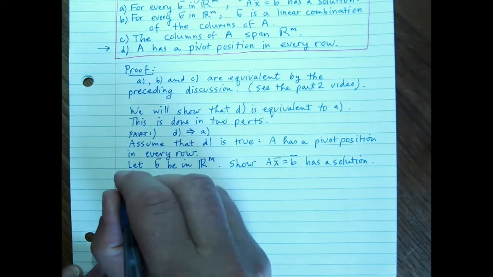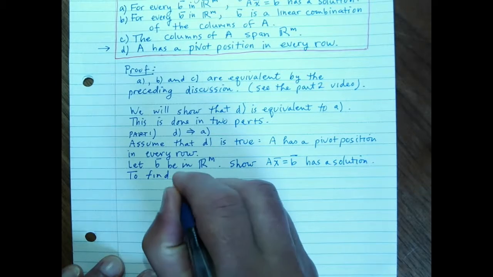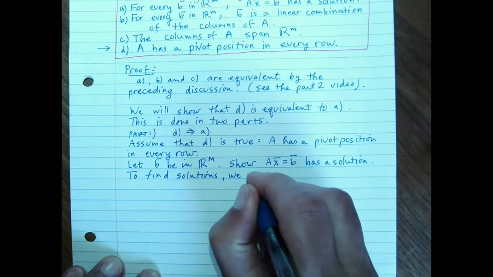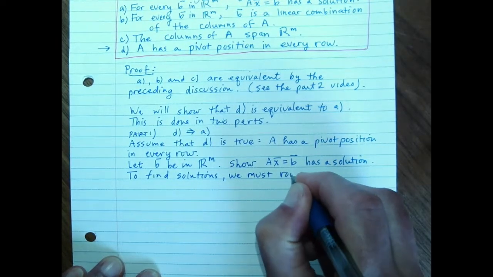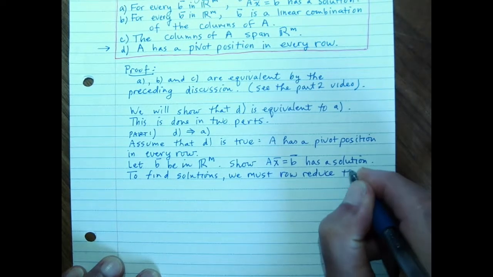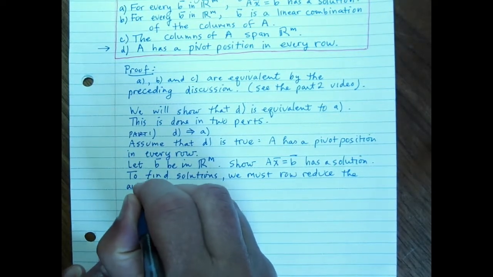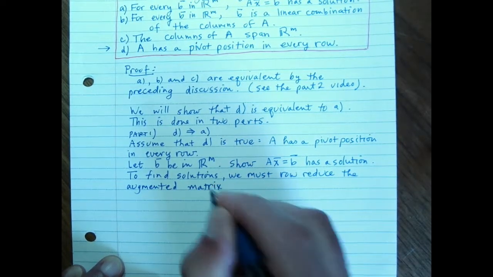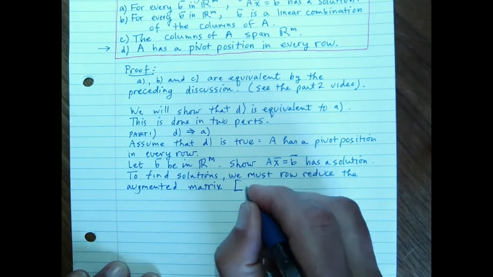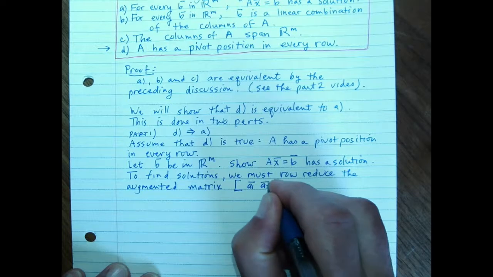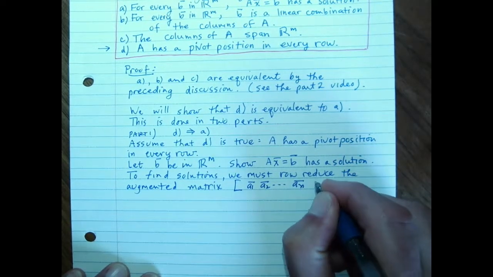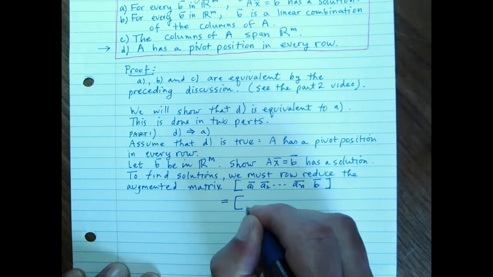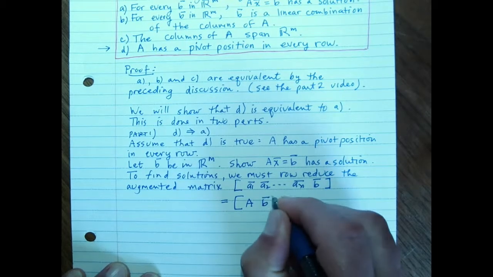So to find solutions, we must row reduce the augmented matrix, that matrix that we've been labeling A1, A2 to An, b, but I'm going to write that as just [A b] for short.